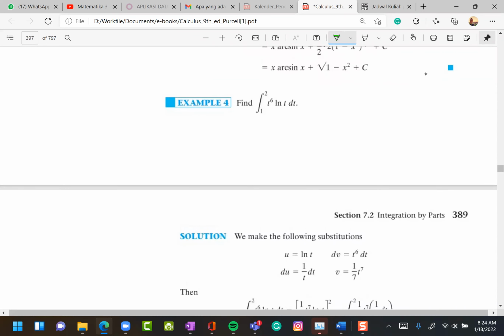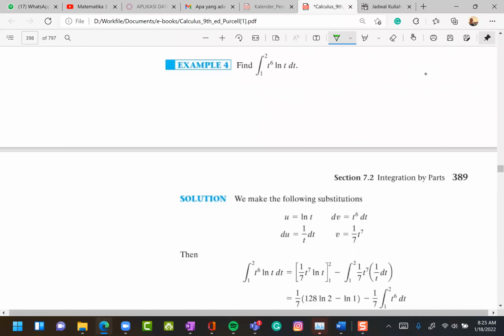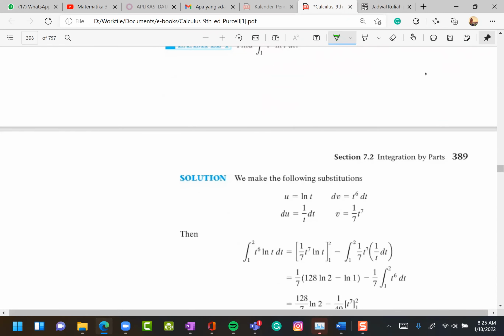All right, so the choice is this one. u equals ln t and dv equals t to the 6th dt. By this choice, we have du, the derivative, so 1/t dt. And v is the integral of this, so 1/7 t to the 7.